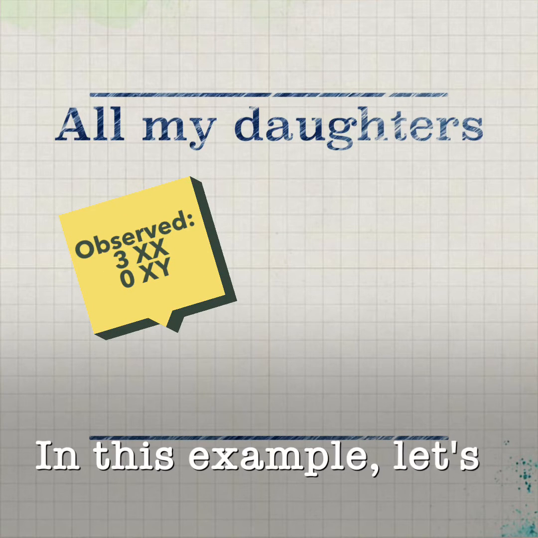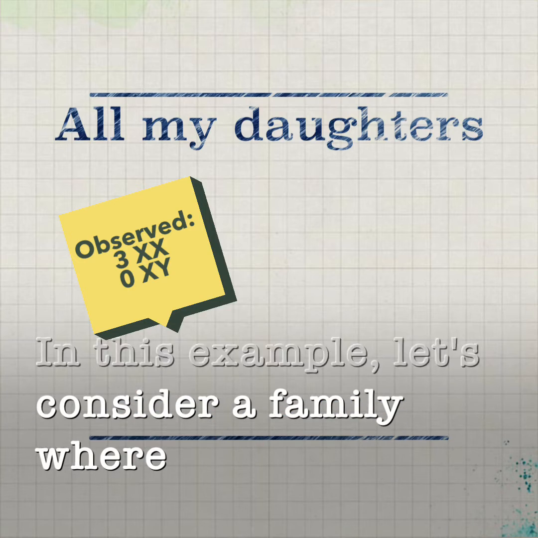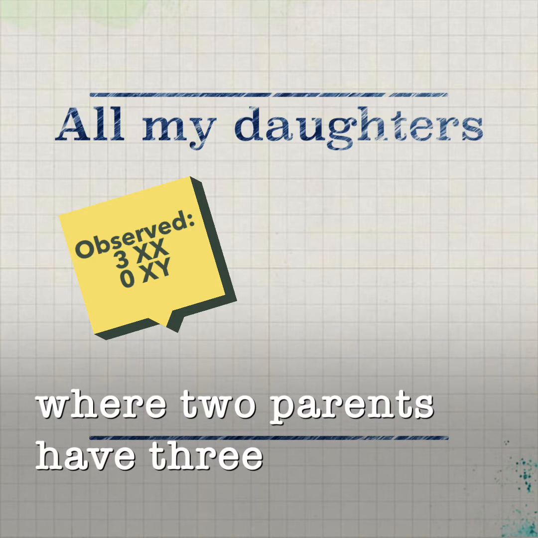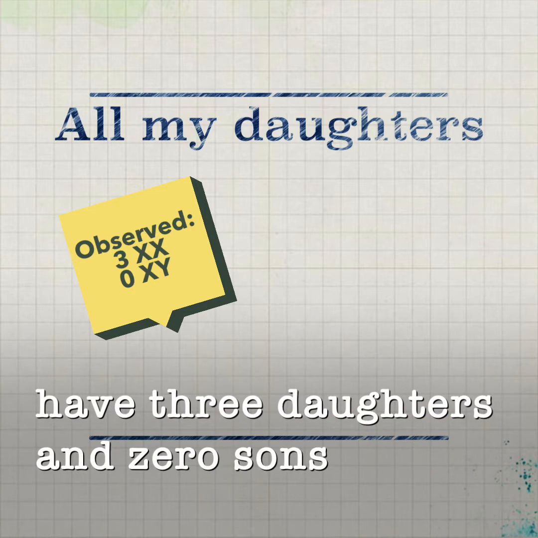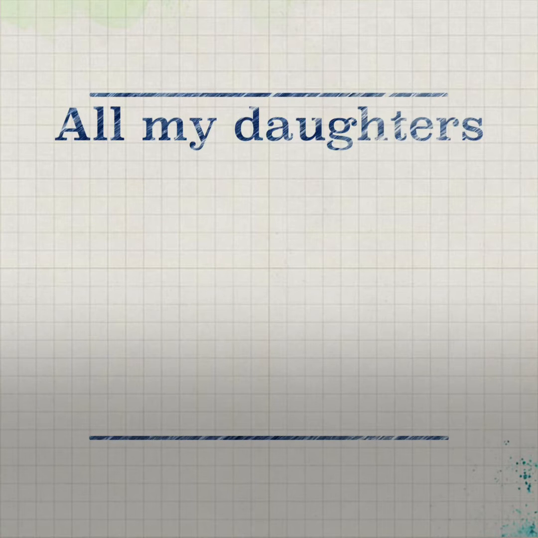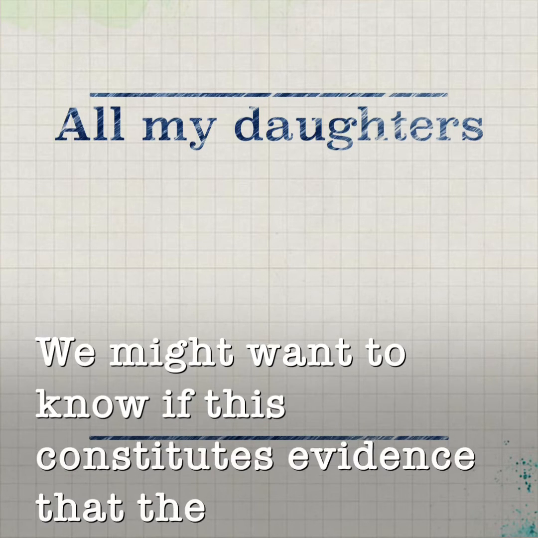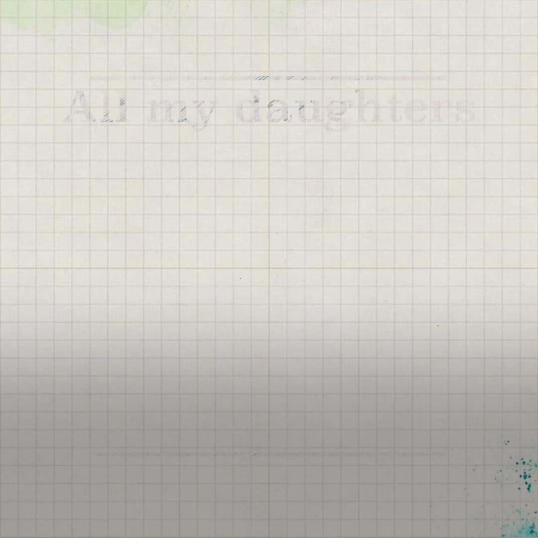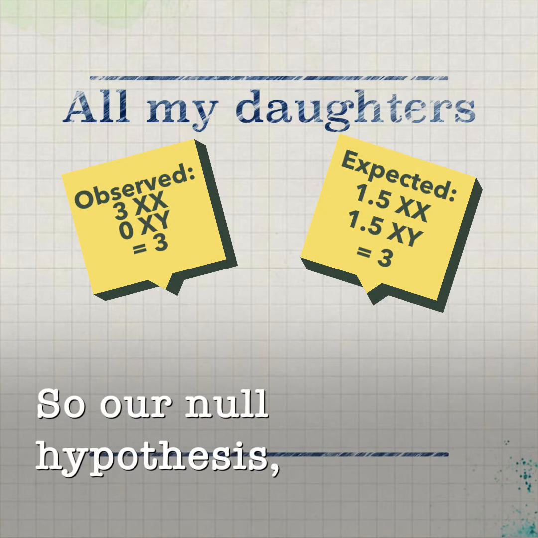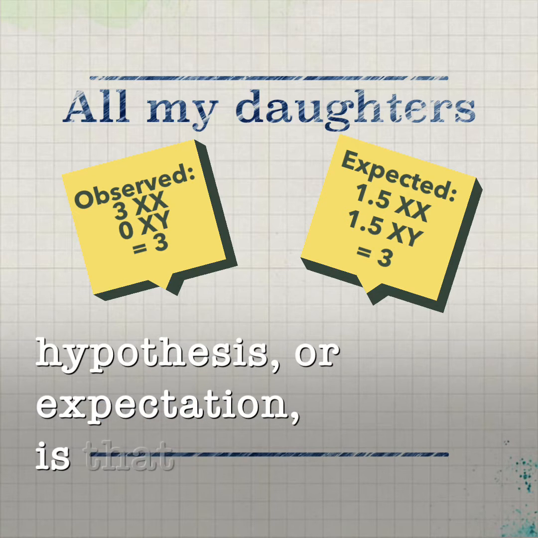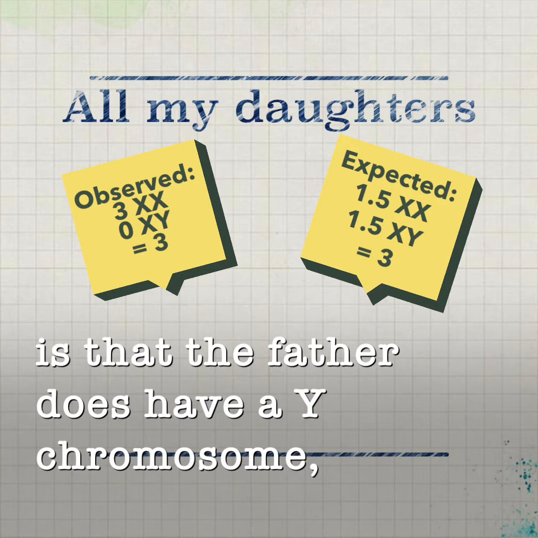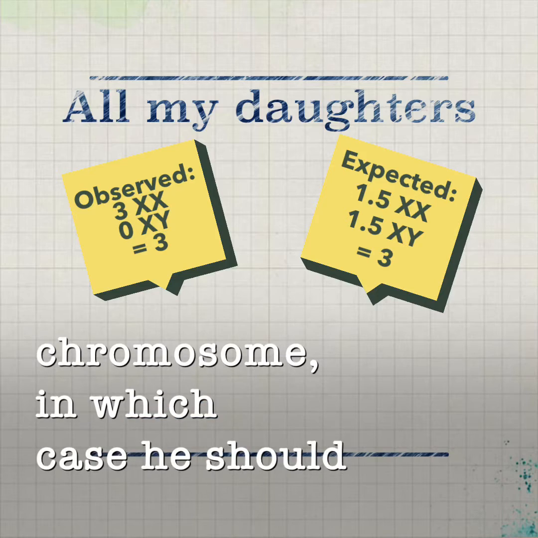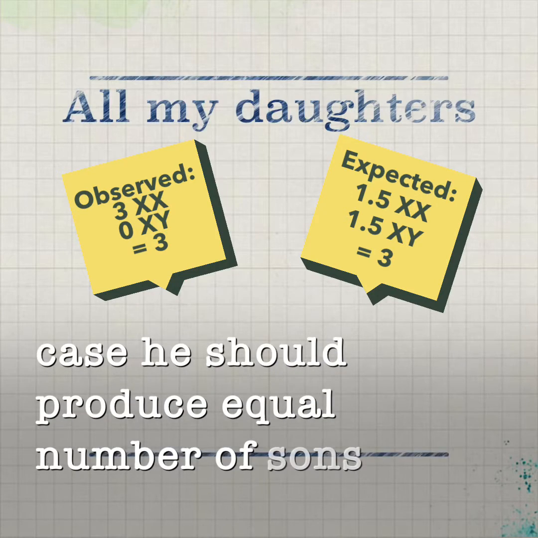In this example, let's consider a family where 2 parents have 3 daughters and 0 sons. We might want to know if this constitutes evidence that the father has no Y chromosome. So our null hypothesis or expectation is that the father does have a Y chromosome, in which case he should produce an equal number of sons and daughters.